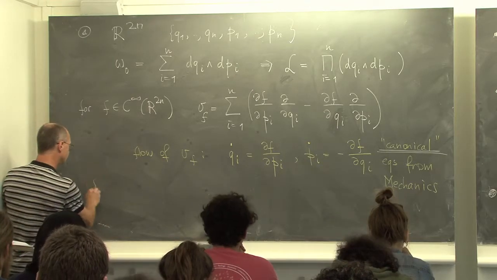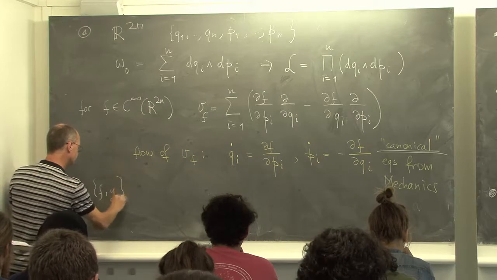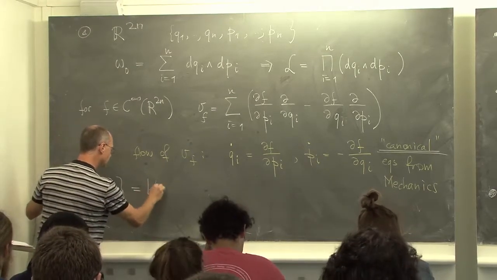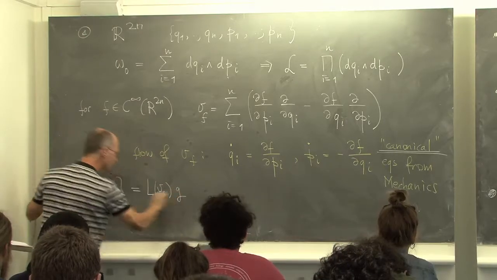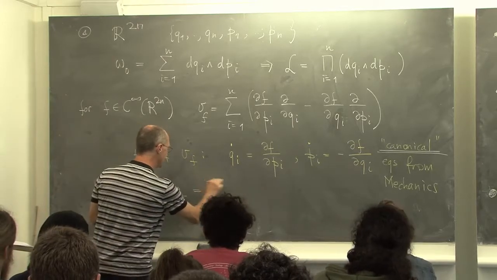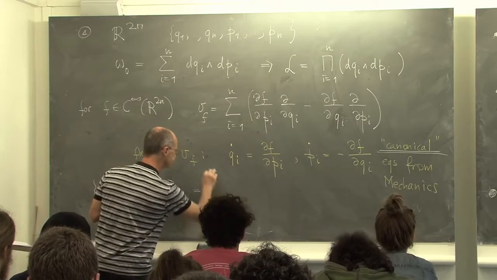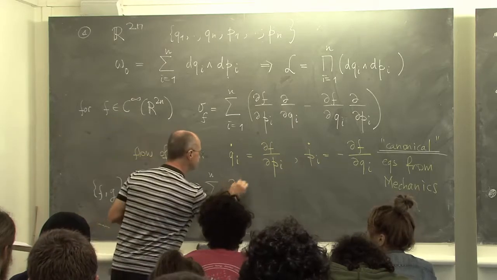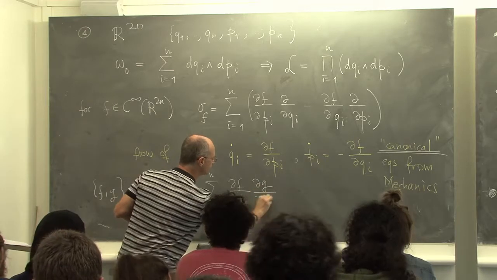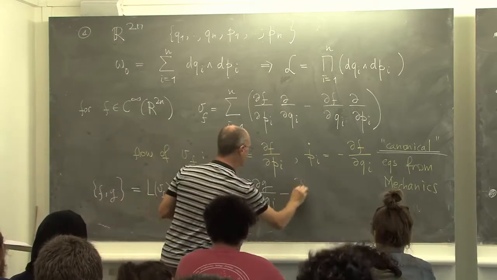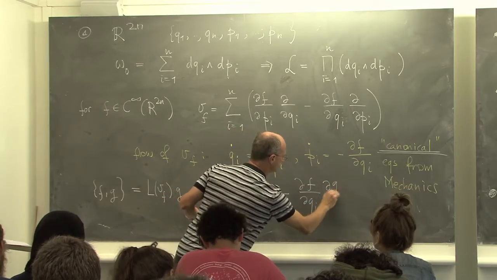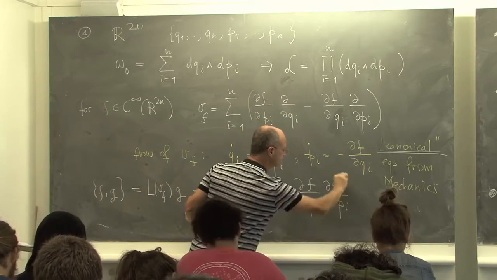And maybe one more thing. The Poisson bracket of f and g. This is L of Vf applied to g, and this will be df/dp_i dg/dq_i minus df/dq_i dg/dp_i.